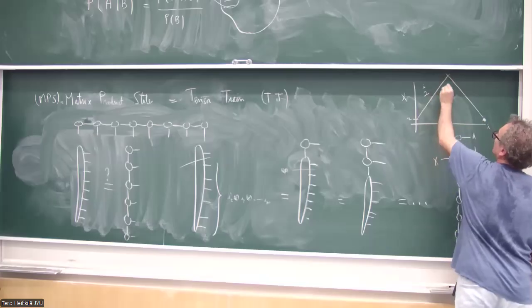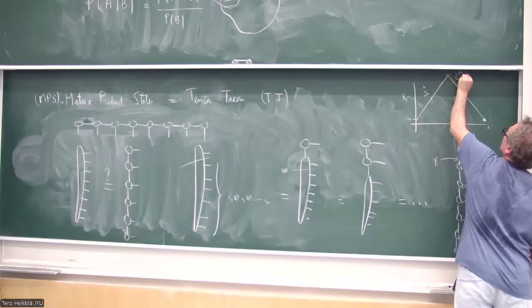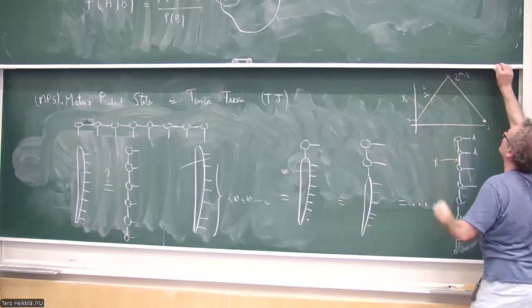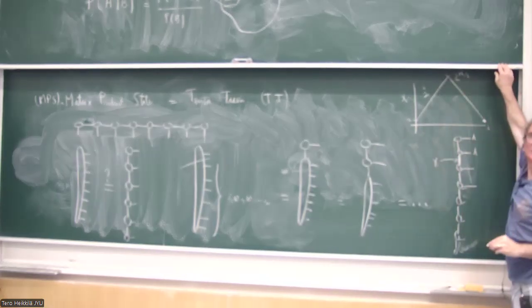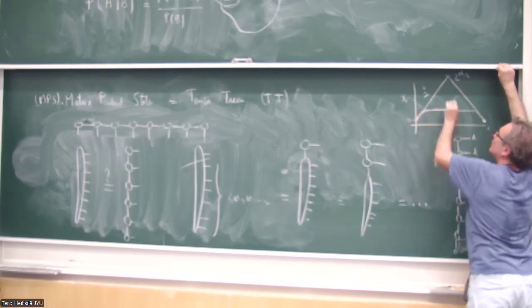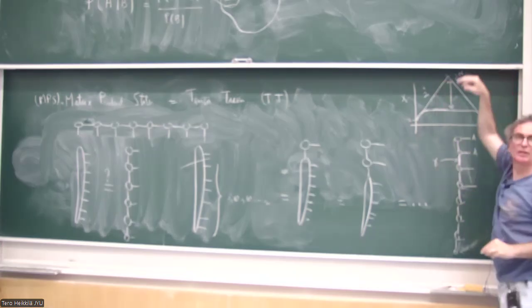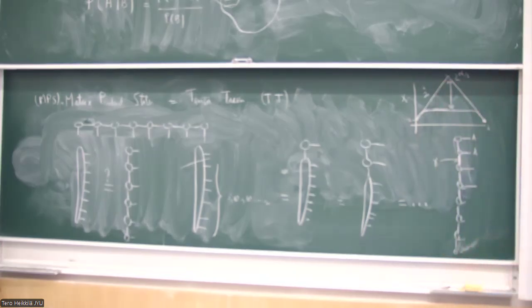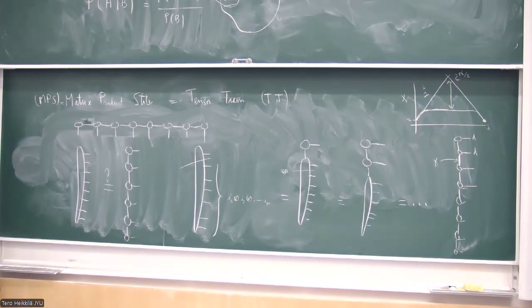So the maximum I can have is 2 to the power n over 2. But in most cases, what you really observe is something more like this. Then you have a huge compression due to the fact that you have not used the maximum possible. At the maximum, it's a matrix which is 2 to the n over 2 times 2 to the n over 2, which is 2 to the n, and it's even slightly less good than a full state simulator. But most of the time it will be much, much less. Okay?